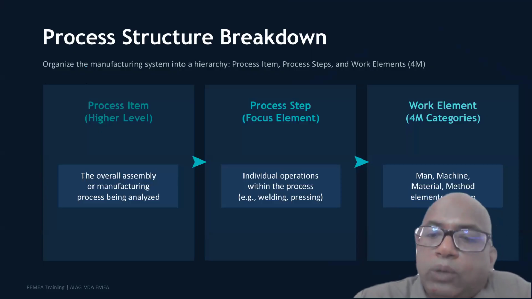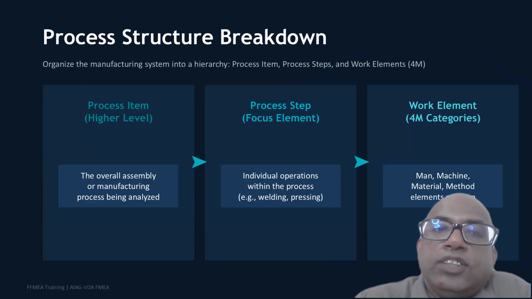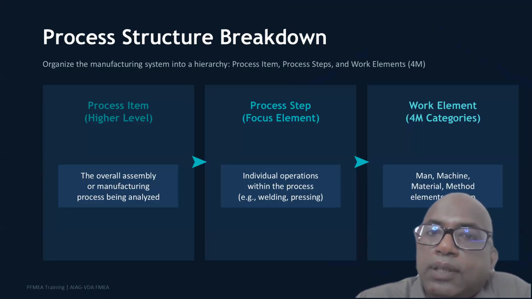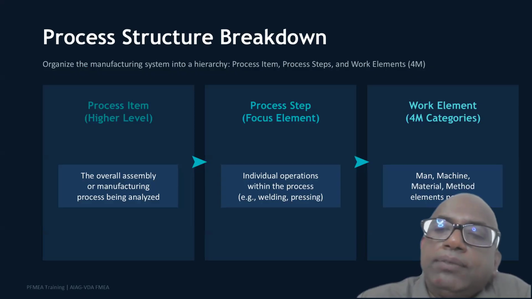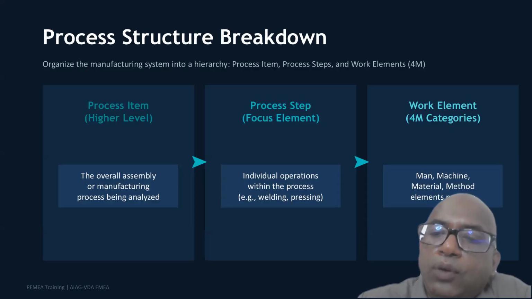Process structure breakdown. How is the process structure broken down? Organize the manufacturing system into a hierarchy: process item, process steps, and work elements. Work elements we can divide according to the 4M: man, machine, method, material.